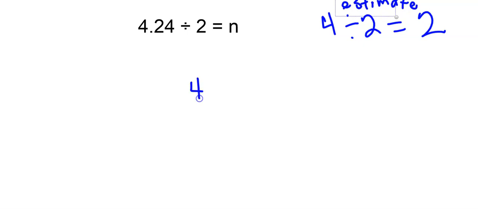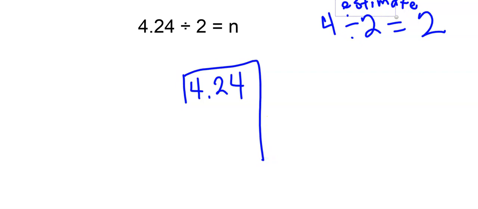So let's think about dividing this. I'm thinking 2 times something would be close to 4 and 24 hundredths. So I'm going to go ahead and do 2 because I know 2 times 2 is 4.